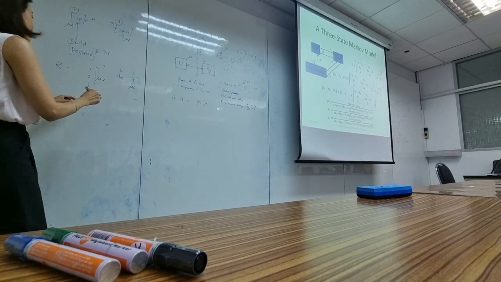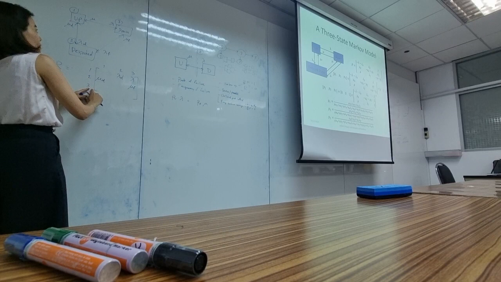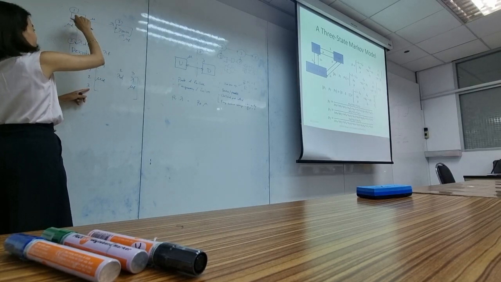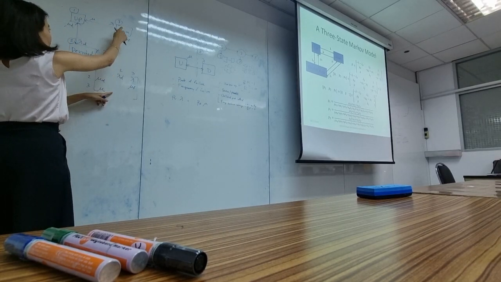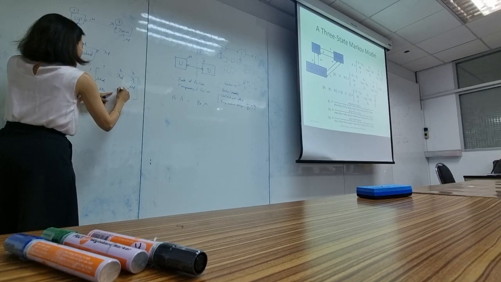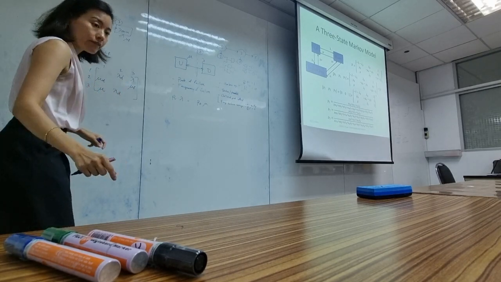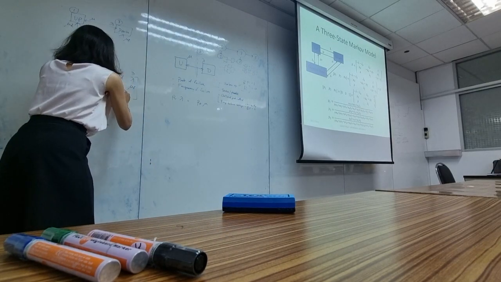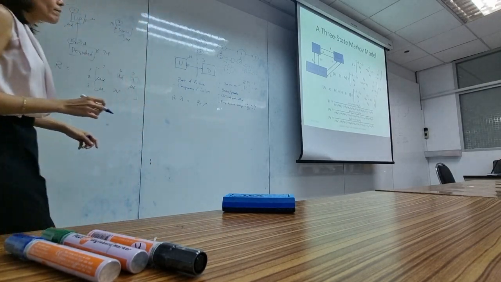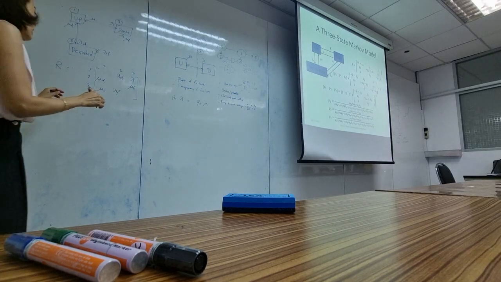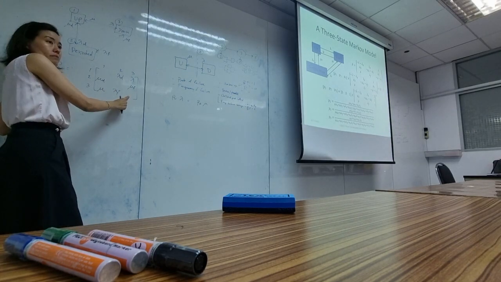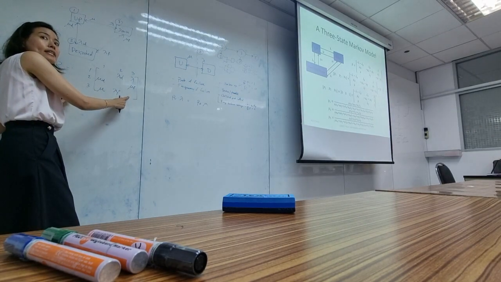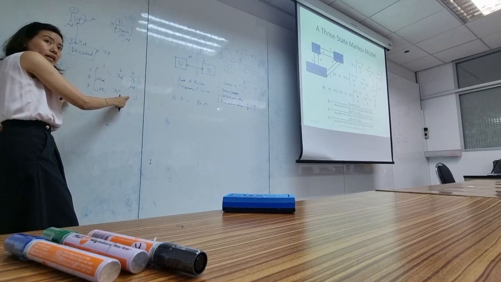Now we are on the same page. From 3 to 1, you have mu. From 3 to 2, you have lambda f. Okay, so it's the same thing now. The diagonal part is the negative of the summation.